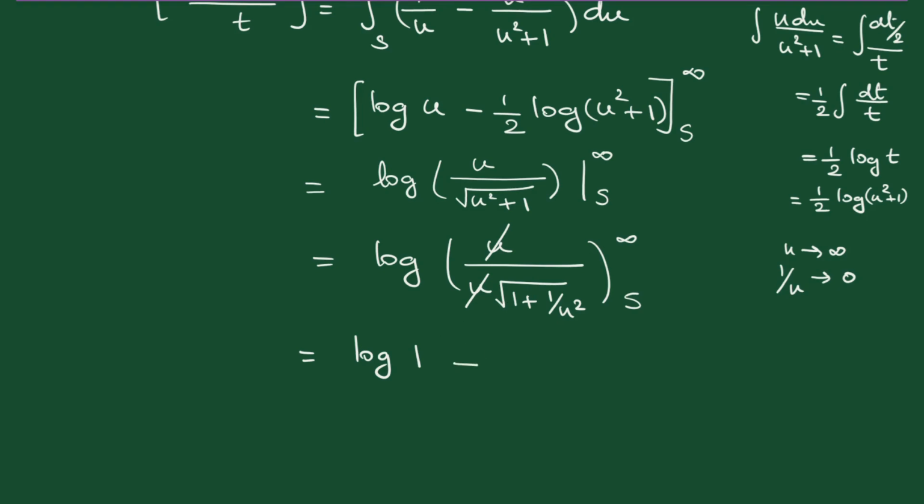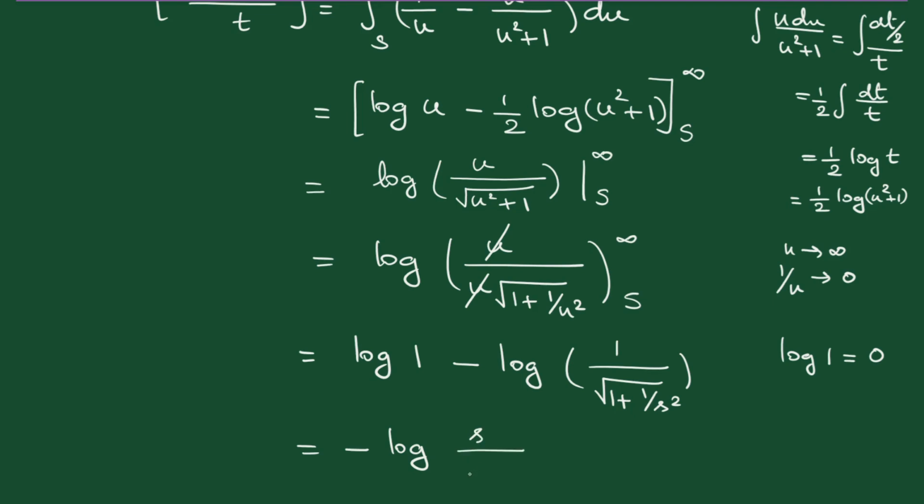So log 1 is the upper limit, minus the lower limit, where we simply substitute u is equal to s. So that it becomes like this, 1 plus 1 by s square. That's it. So this is upper limit and this is lower limit. So here one more thing you have to remember, log 1 takes the value 0. So that here this first term will become 0. So that minus log this, if you simplify this, we can write it as s divided by root of s square plus 1.